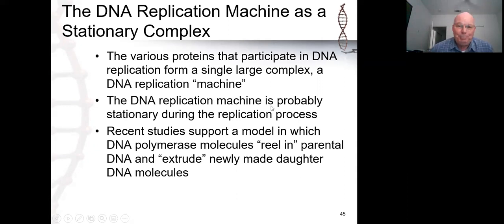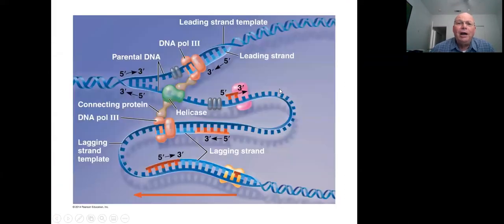It is the replication machine that is stationary or static, and it's the DNA that gets fed through. So this diagram illustrates what the machine looks like.